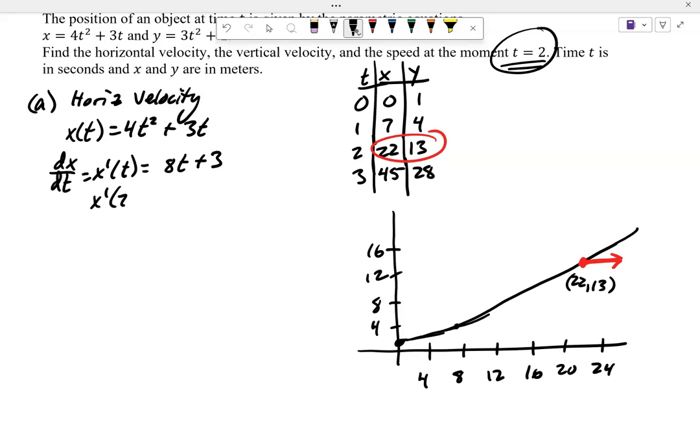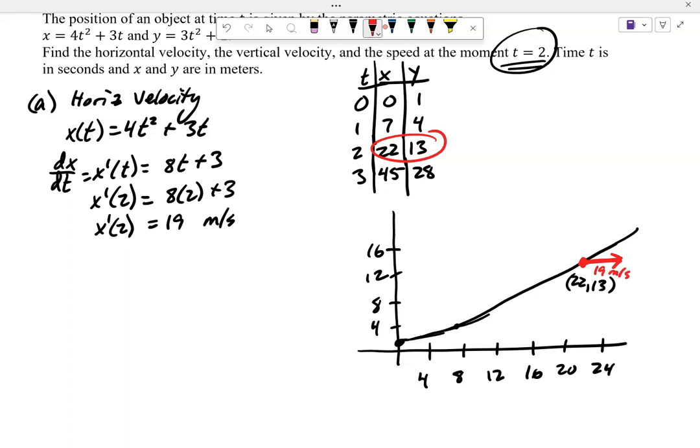So x prime of 2 is 19. The original is in meters, so this would be meters per second. So this horizontal vector is 19 meters per second.